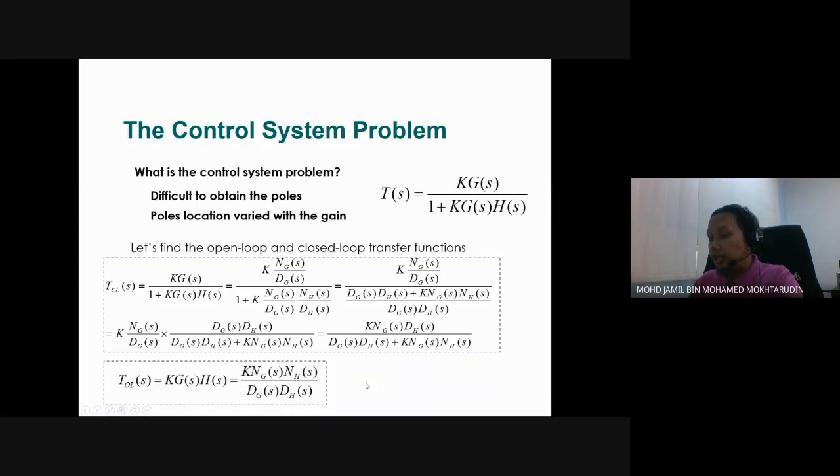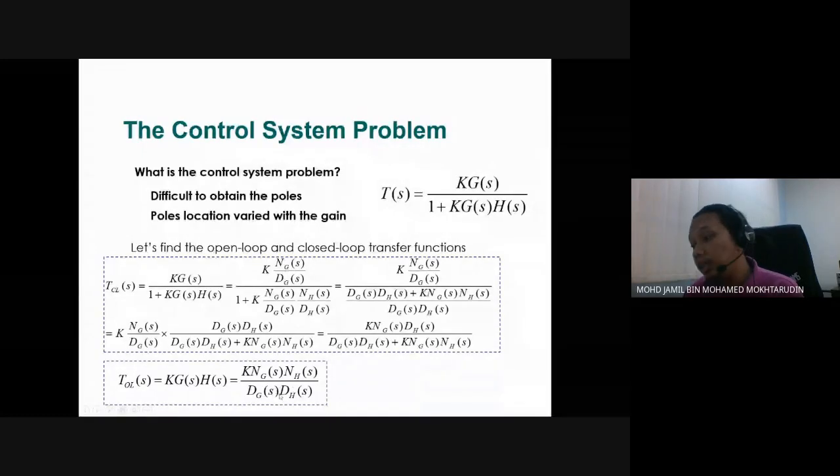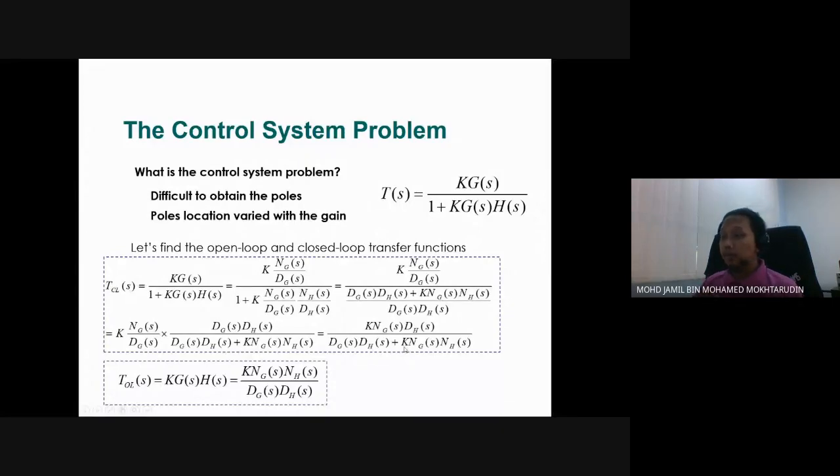If you use the open loop transfer function, then the denominator depends only on the poles, not on K. So for a closed loop system, it depends on K as well, instead of only on the poles.